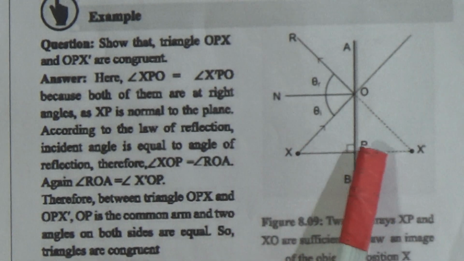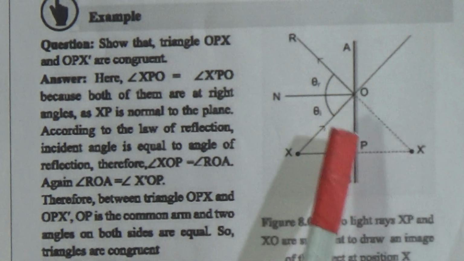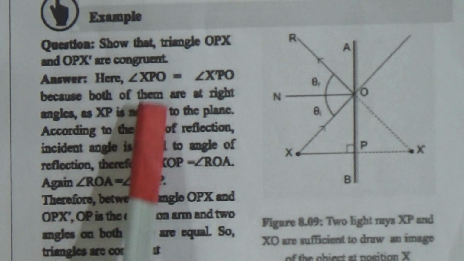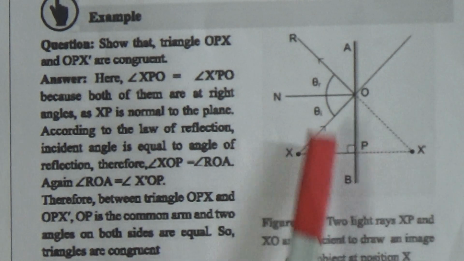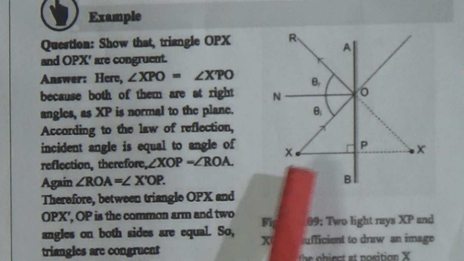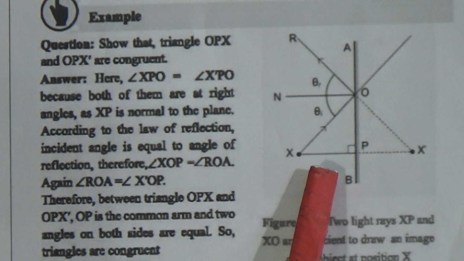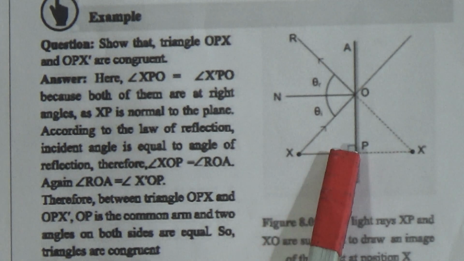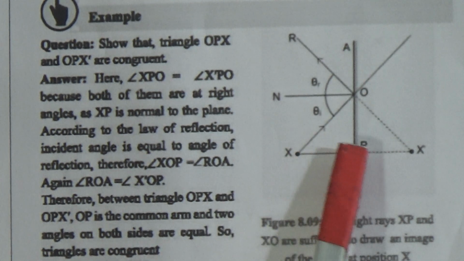Here, angle XPO equals angle X'PO, because both are right angles and XP is normal. Here XP is the normal to the plane. According to the laws of reflection, the incident angle is equal to the angle of reflection, and therefore angle XOP equals angle ROA.